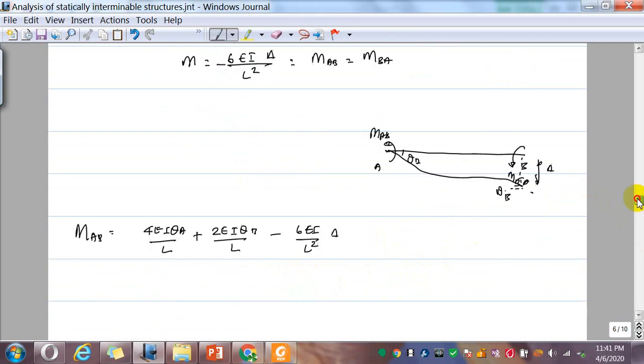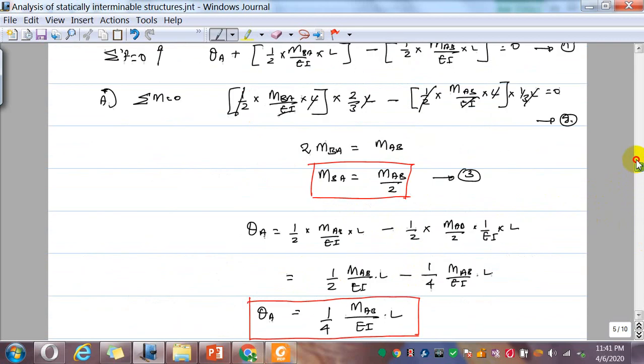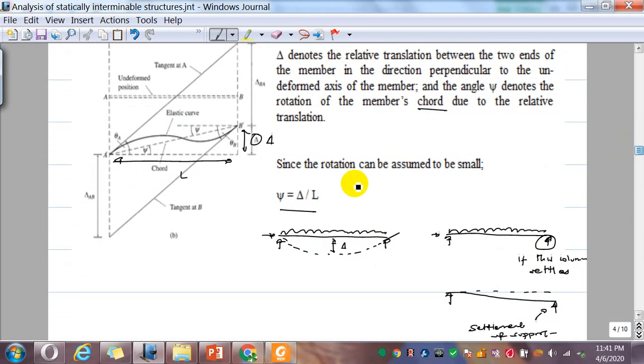Now delta and L, I'm going to relate, I'm going to take you to this equation here.